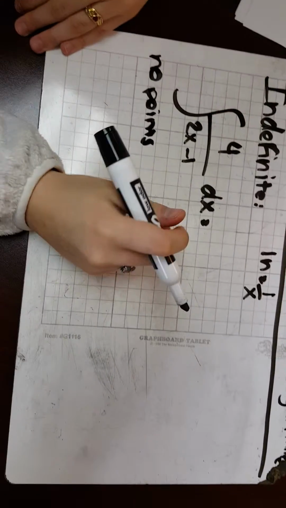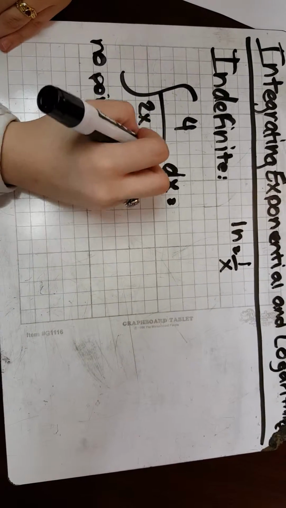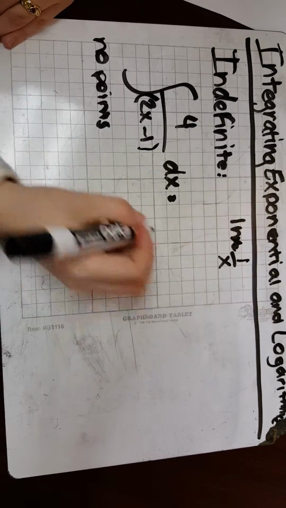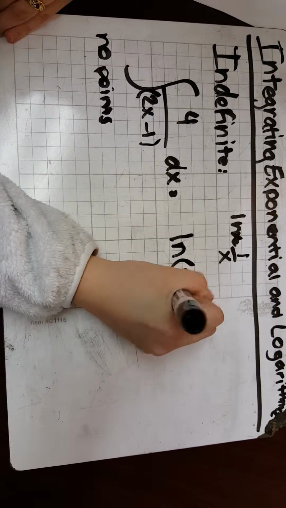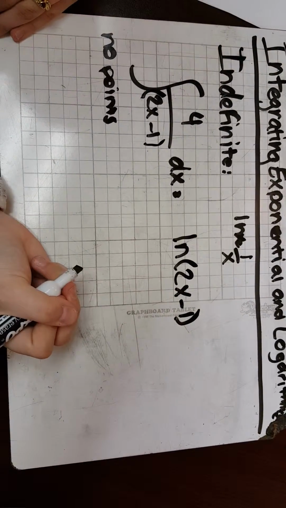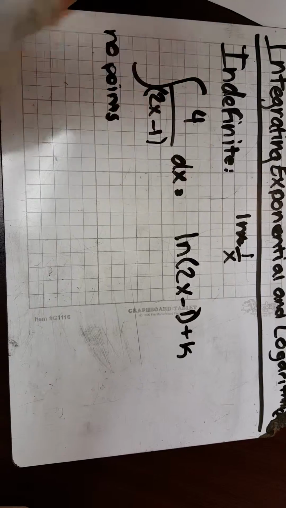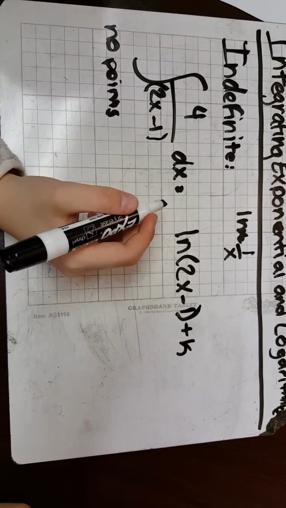So for the first thing, you need to remember that the bottom, the x, stays the same. So you know that natural log of 2x minus 1, and you know that you must have plus k. But what happens to the 4? Well, you must divide it by 2.